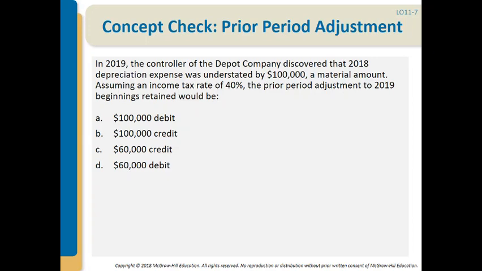So depreciation was understated, which means that retained earnings is overstated by 100,000 minus the tax paid on it, 40,000.